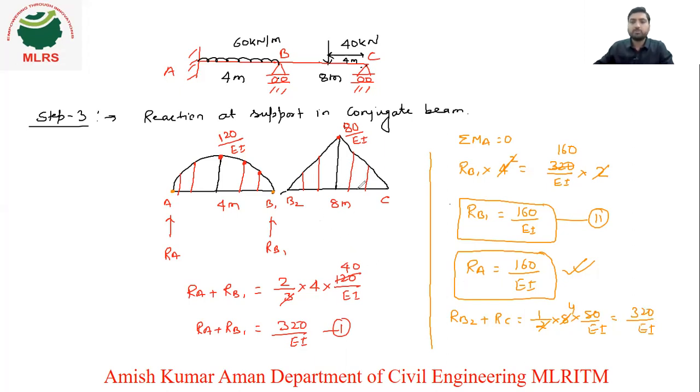Again, taking summation of moments at C is equal to 0 or B2 is equal to 0, if you calculate, you will get this RB2 value will be equal to RC value, that is also equal to 160 upon EI. Means all four reactions in this case are same, that is 160 upon EI, 160 upon EI, right? So we have calculated all the reactions.